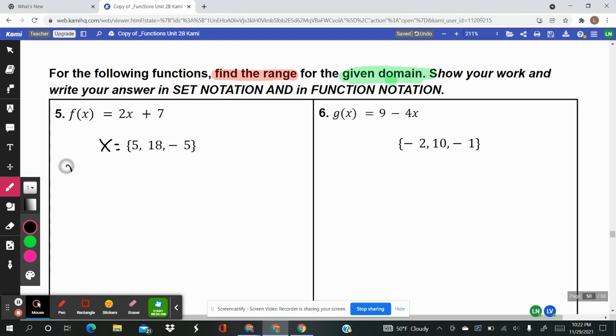So we are going to write it as f of 5 equals 2 times 5 plus 7. 2 times 5 is 10 plus 7, which is 17. So f of 5 is 17.